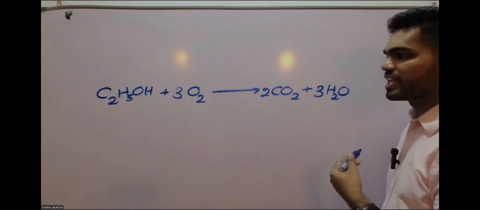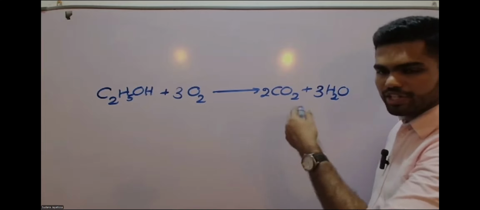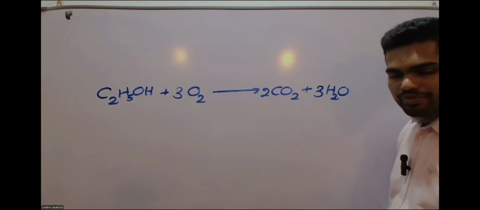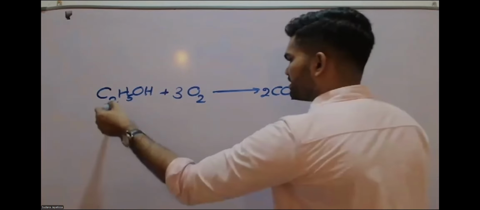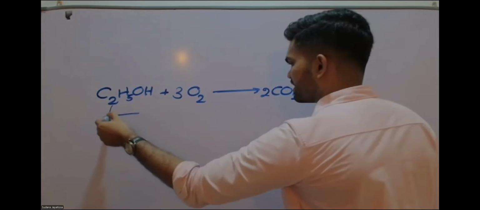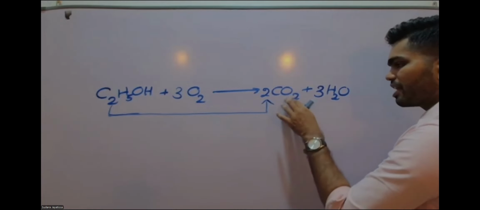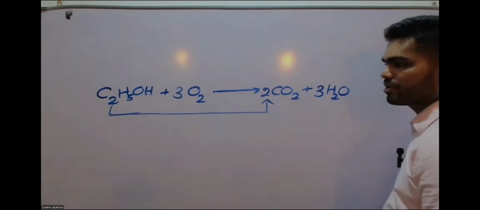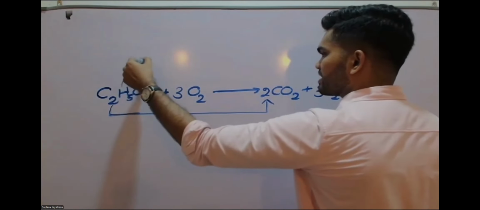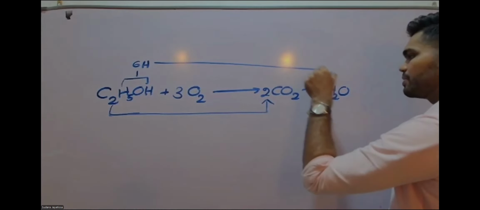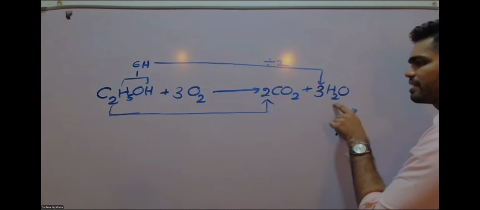However, if you use the inspection method, you can still balance it. The method I used here, I'm going to teach you once again in a few weeks. So how did I balance it? I'm going to erase this, so write it down with me. You put the number of carbon dioxide molecules equal to the number of carbon atoms, and you get the total hydrogen atoms. You have 6 hydrogen, and you divide it by 2 to get the number of water molecules, because in a water molecule you have 2 hydrogen.